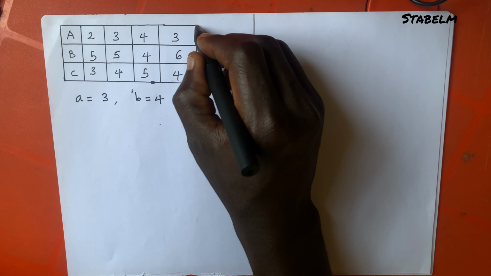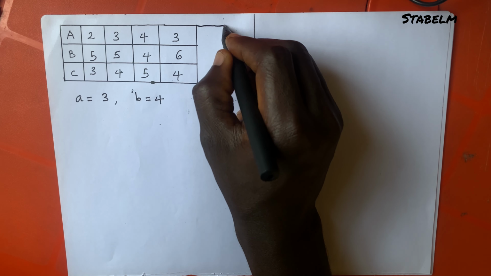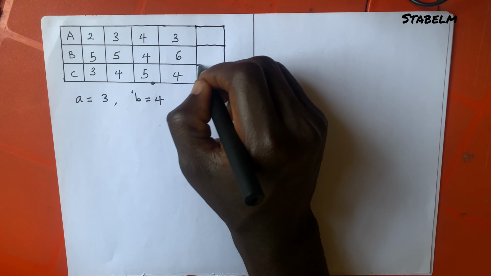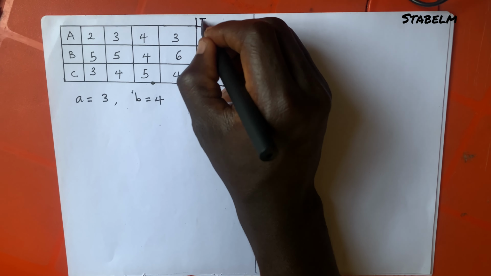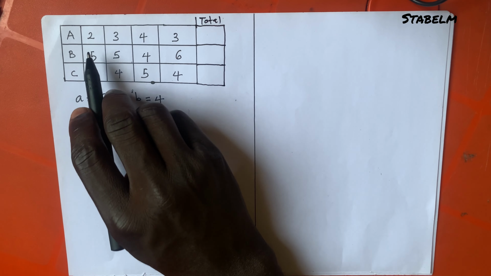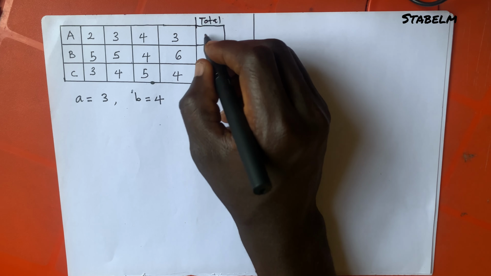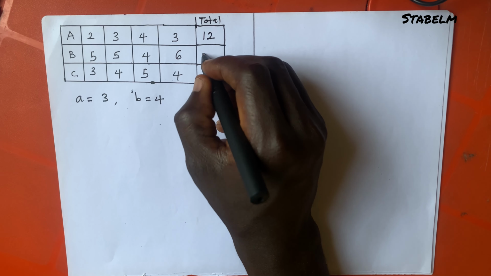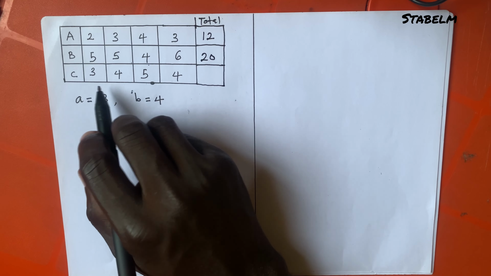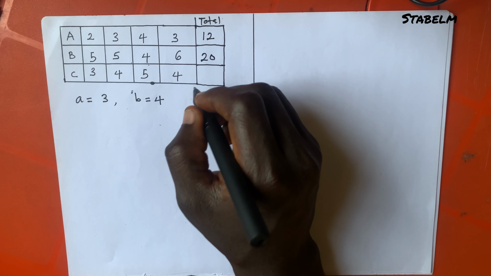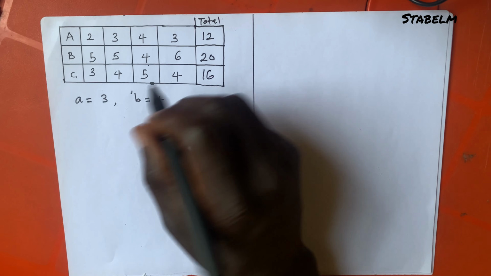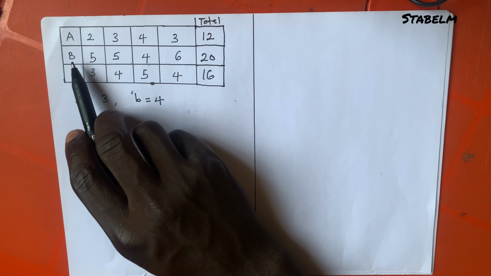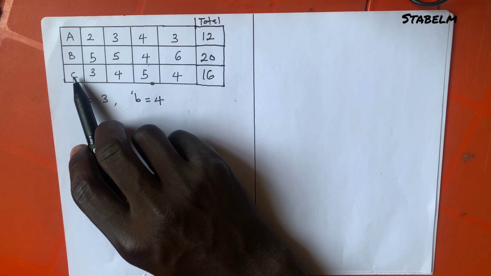So let me create another column and name this one total. 2 plus 3 plus 4 plus 3 will be 12. 5 plus 5 plus 4 plus 6 will be 20. 3 plus 4 plus 5 plus 4 will give us 16. So this is the total for treatment 1, treatment 2, and treatment 3.